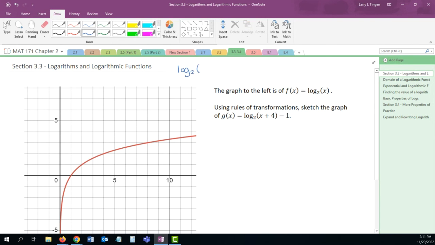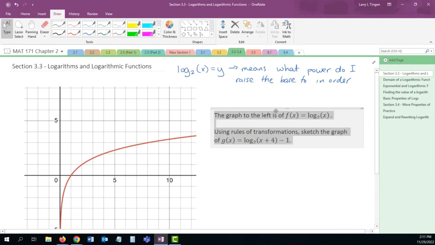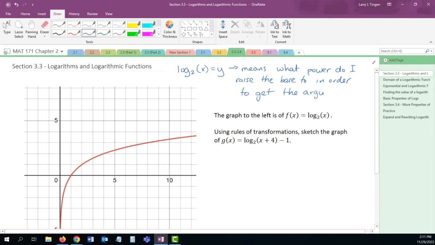Log base 2 of x equals y means: what power do I raise the base to in order to get the argument?